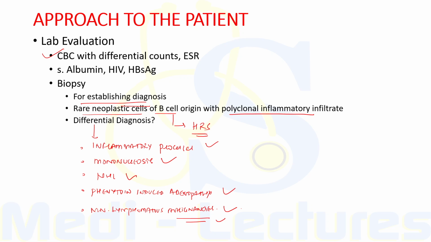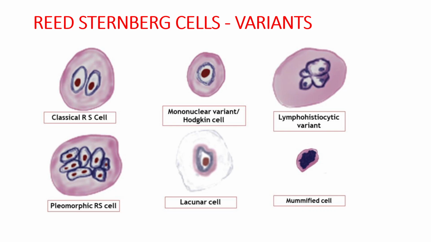Since we are considering the biopsy findings in this slide, let's here only discuss the various variants of Reed-Sternberg cells. So the first one is the classical Reed-Sternberg cell. These are large cells with 20 to 16 micron diameter, and have abundant eosinophilic cytoplasm.